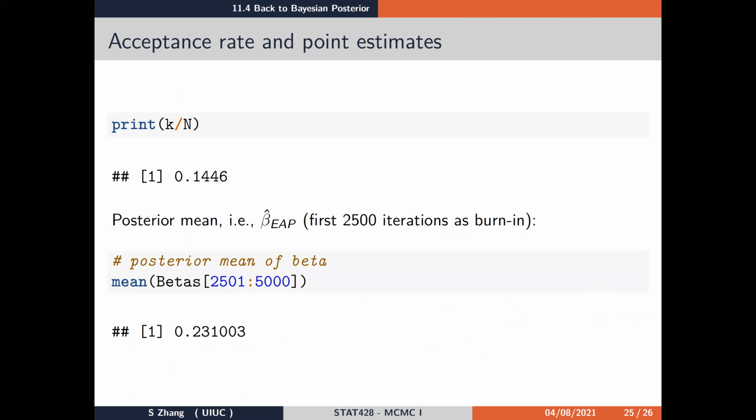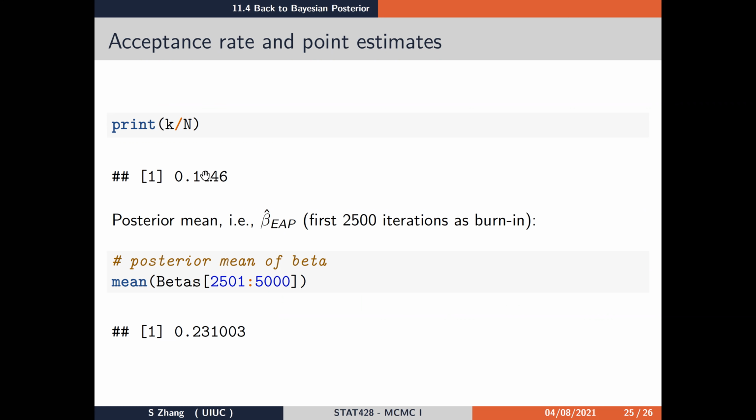The acceptance rate in this case is actually close to 15%. So in practice, what you might want to do is to make the bandwidth, the W, a little bit smaller so that it increases the acceptance rate to something around 0.3 or 0.4.